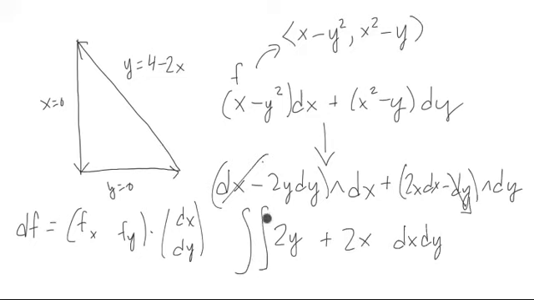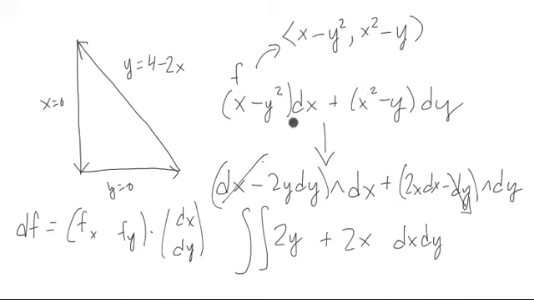Great, so we set this up. We could have done that more quickly, but I took some time to explain the ins and outs. If we wanted to, we could just ignore anything that would come from a dx here, and just think of the negative 2y here. Maybe more quickly, we could have noticed just the 2x will be important here.